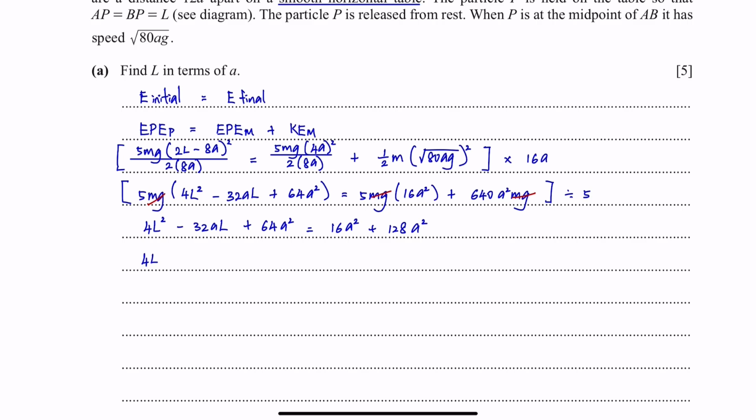And now we can simplify it to 4l squared minus 32al minus 80a squared. And finally, we have l squared minus 8al minus 20a squared.